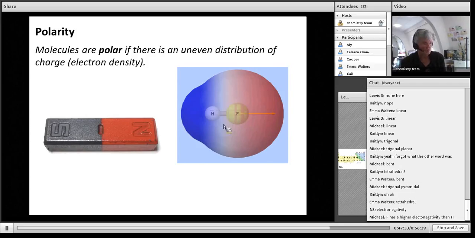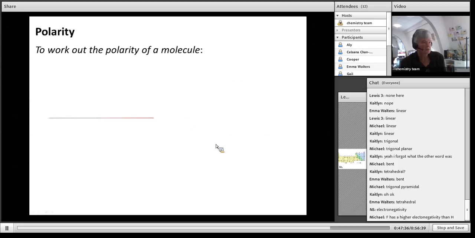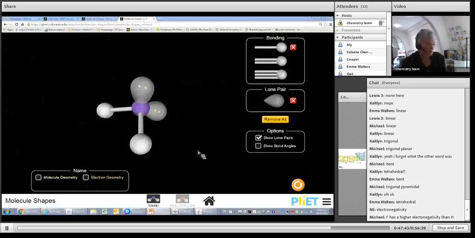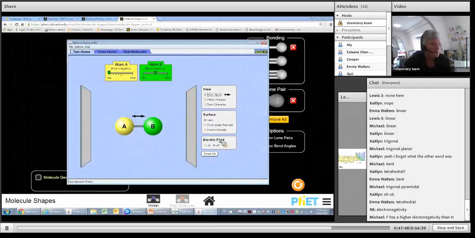So if I just escape from here and do this one, okay, it doesn't show the electronegativity here. Basically, the more you go to the right of the periodic table, the more electronegative it is. And bottom left, the least electronegative it is.